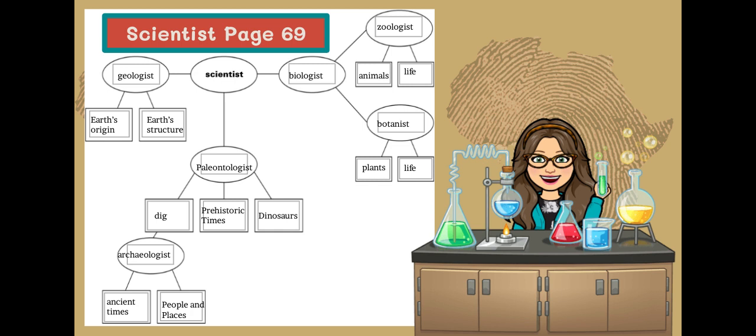This will help us create a deeper understanding of words. If you haven't already done so, I want you to complete the map on page 69. I am going to hand out a pack of highlighters to you. You will need the green, yellow, and pink highlighters.